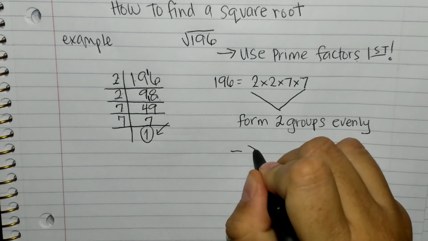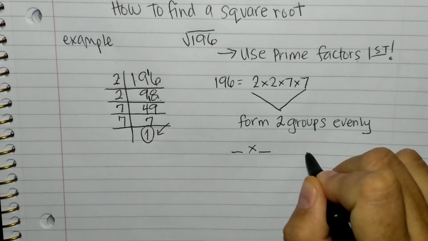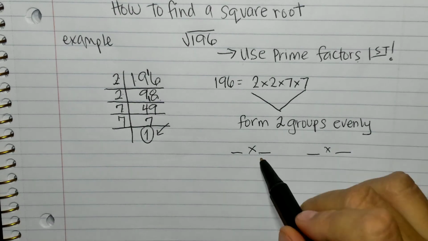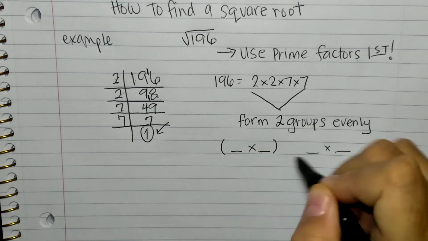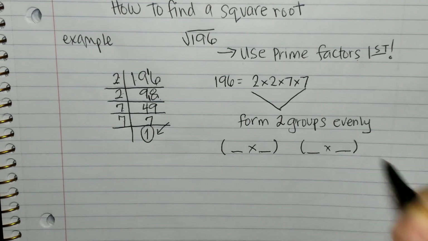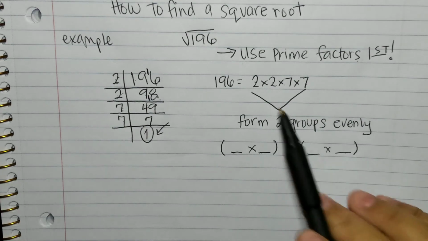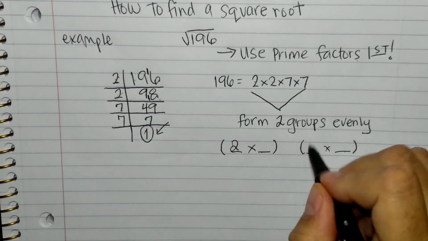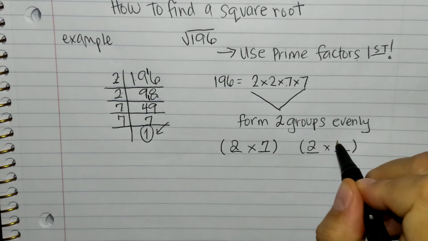That means I'm going to have 2 numbers in each group. Here's group 1, here's group 2. I'm going to put them with parentheses because parentheses indicate their groups. I have a 2 here, I'll put it here. I have a 2 here, I'm going to put it over here. A 7 here and a 7 here.